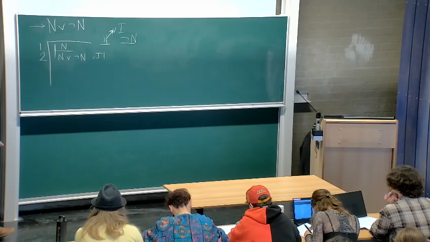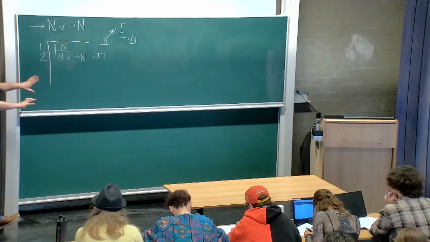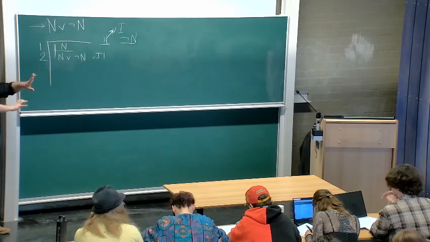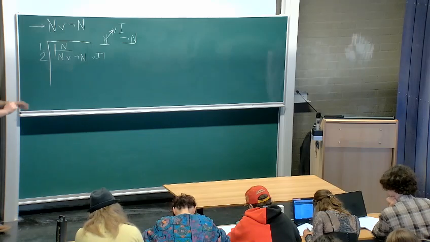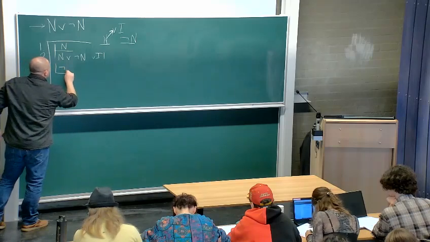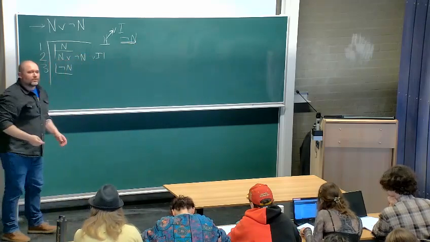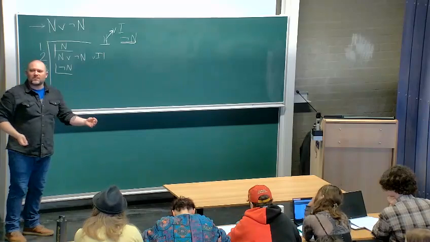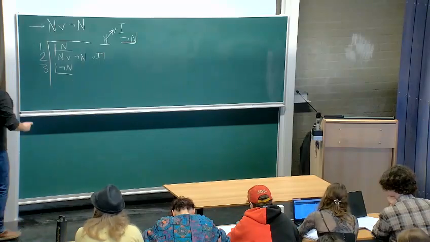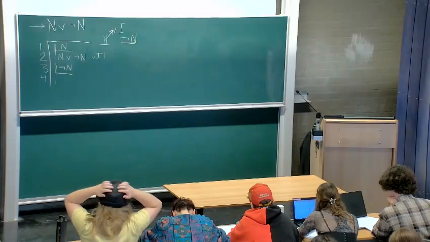Shall we assume not N? So what we're going to do is close this subproof because it's done its job. And now we want to start our second subproof, starting with not N and getting us to the same place. So if we want to get to the same place, what are we going to do at line 4?